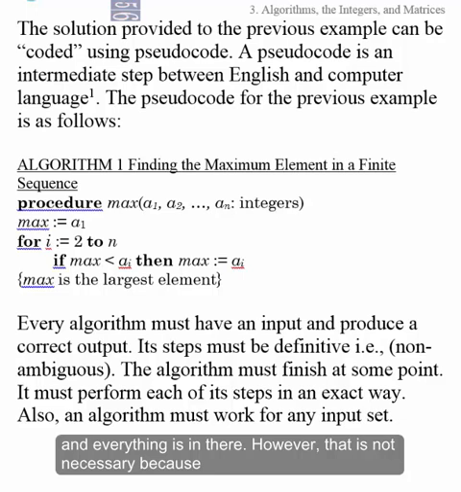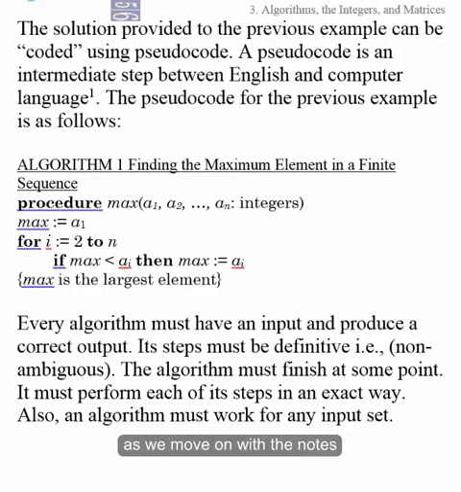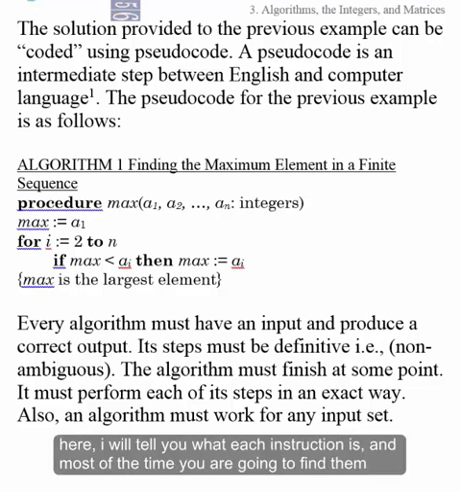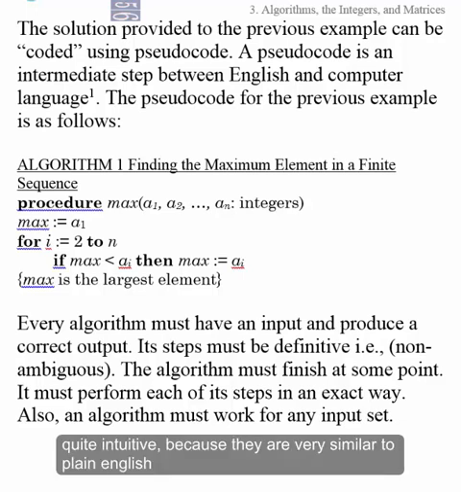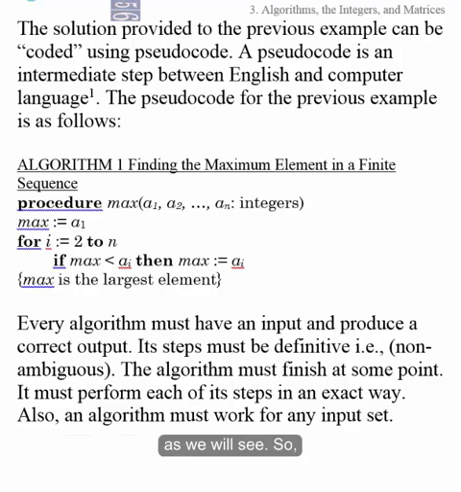However, that's not necessary, because as we move on with the notes here, I will tell you what each instruction is, and most of the time you're going to find them quite intuitive, because they are very similar to plain English, as we will see. So here we have an algorithm.